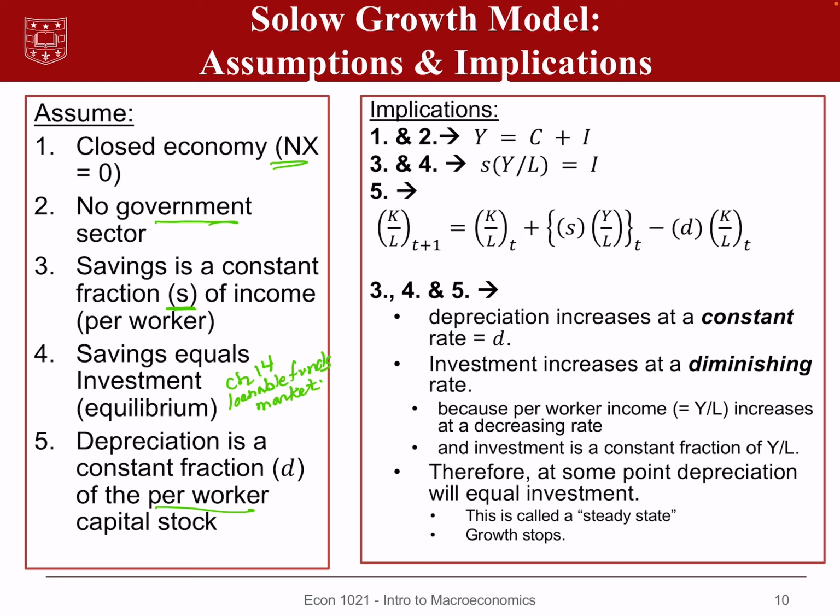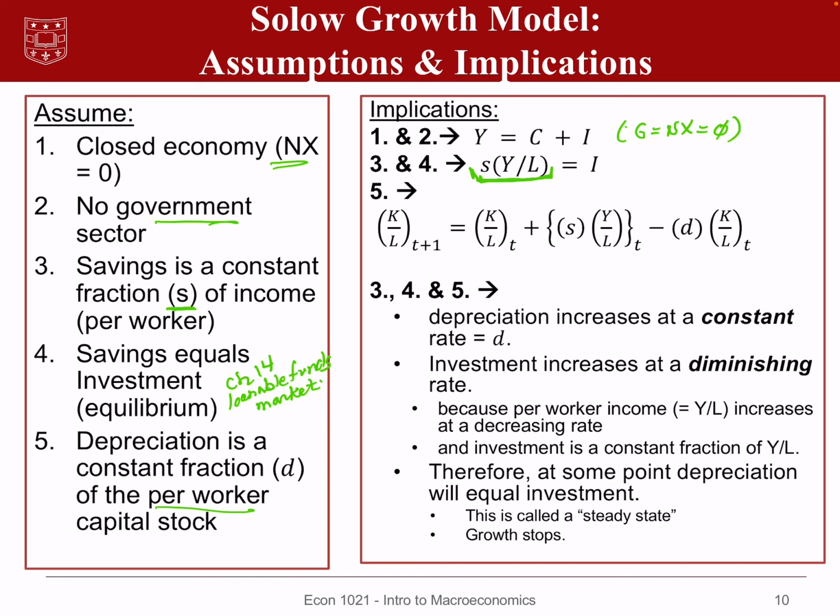So real GDP is just going to be consumption plus investment, because G and net exports are equal to 0. This is the amount of savings in the macroeconomy, and we're saying that it is equal to investment.